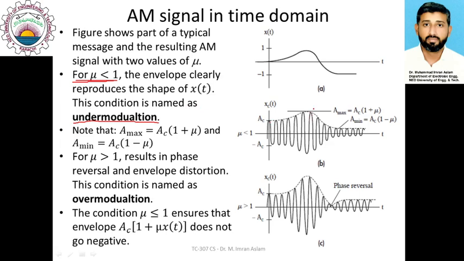You can see that the maximum amplitude that a modulated wave would take can be given as A max equal to AC (1 plus mu), and the minimum value that it takes is A min equal to AC (1 minus mu). So these are two extreme values or extreme amplitudes that will be present when we do amplitude modulation.